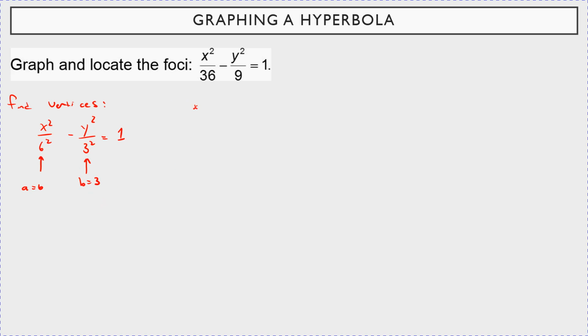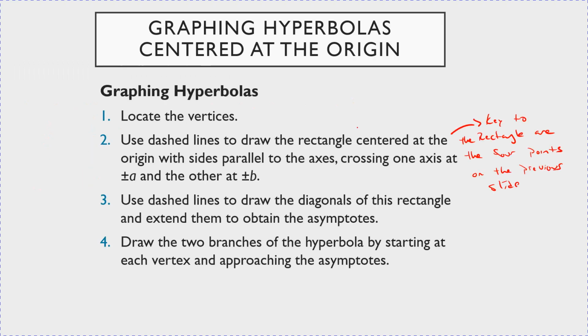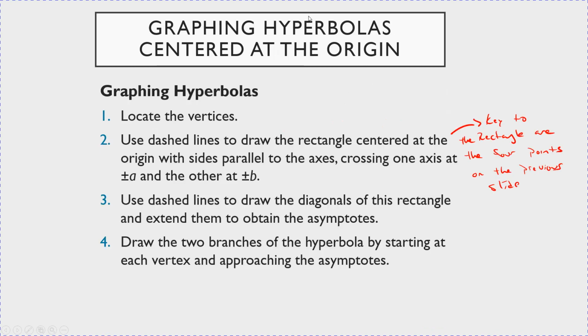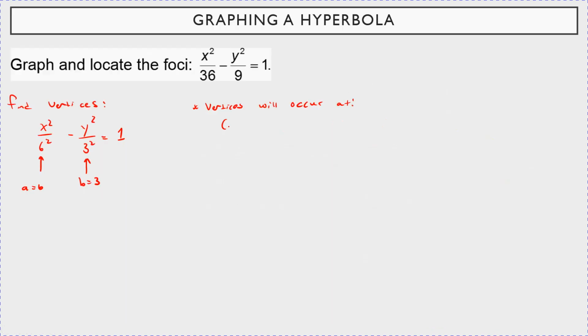The vertices will occur right here, at negative a comma 0 and a comma 0. So that's negative 6 comma 0 and 6 comma 0.